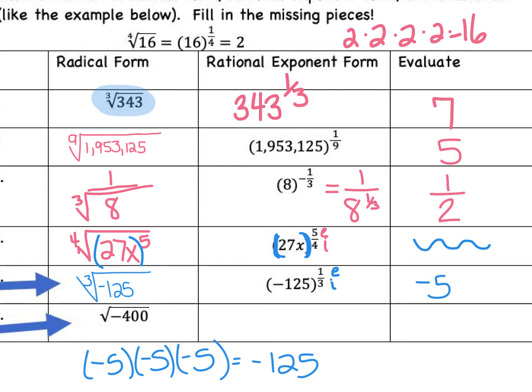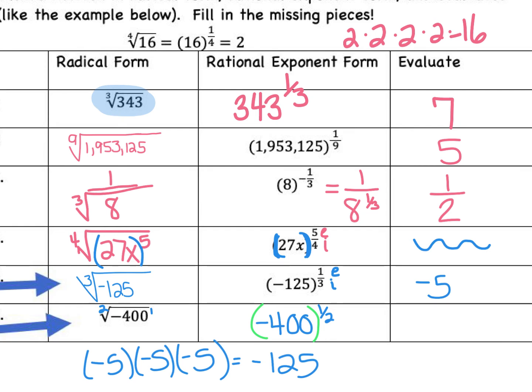All right, the square root of negative 400, square root. Okay, so my index is 2, my exponent is 1, so this is negative 400 to the 1/2, exponent over index, but because it's more than just a number, I've got to make sure I put the base in parentheses. If it's just a positive number, you don't need the parentheses.